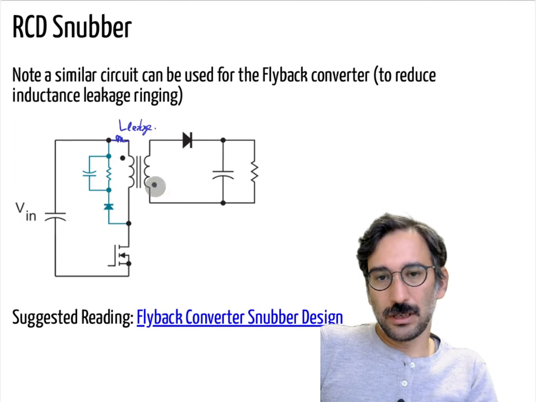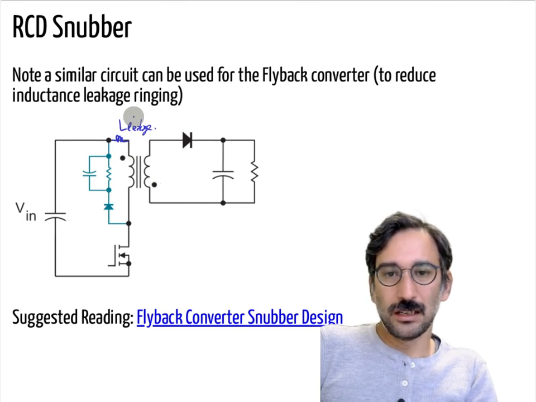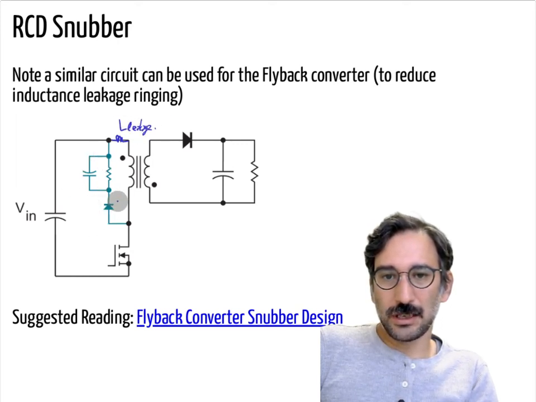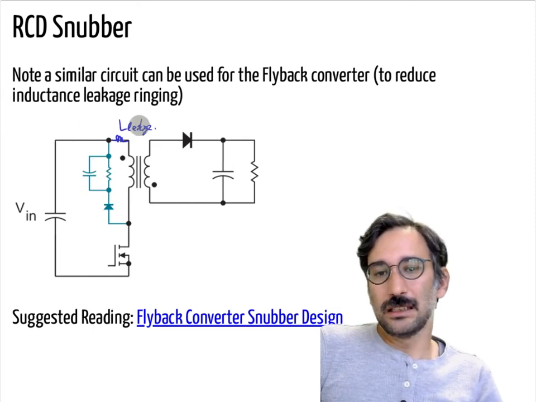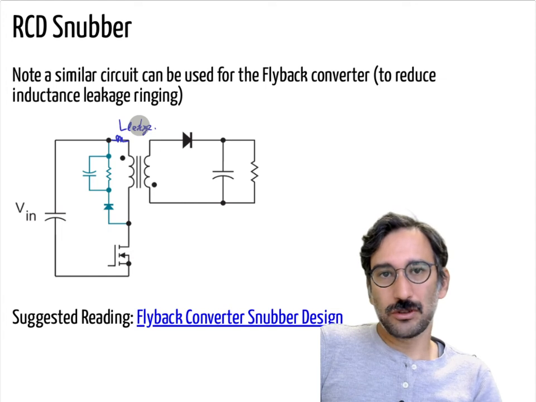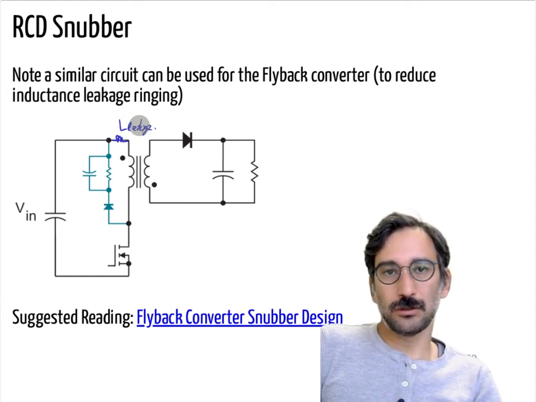So that's why you have reverse polarities here, but there's still energy in the leakage inductance component. So you can use the same RCD circuit in the flyback converter. Again, in your term projects, we would like to include those leakage terms.